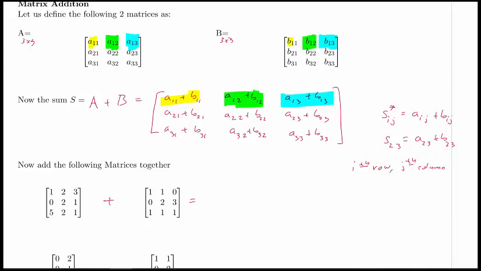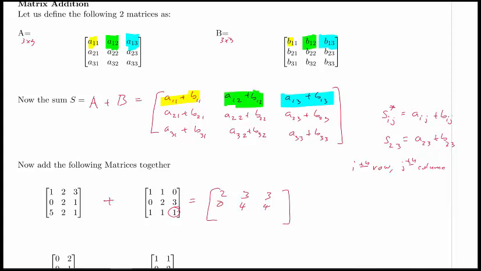And when you add these together, remember it's just the sum of each element. So 1 plus 1, well, that's 2. Then you move on to the next one, 2 and 1 to get 3. 3 and 0 for 3, close it up. Move on to the next one, 0 and 0, of course that's 0. 2 and 2, that's 4. 3 and 1, also 4.